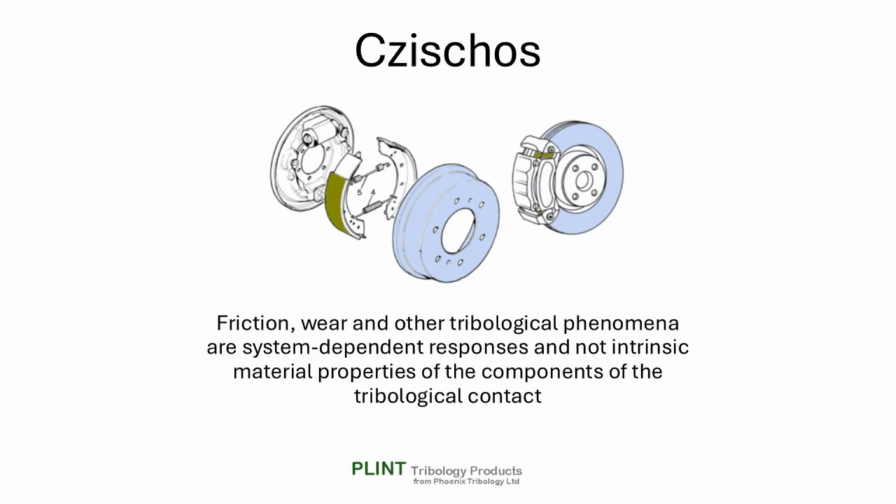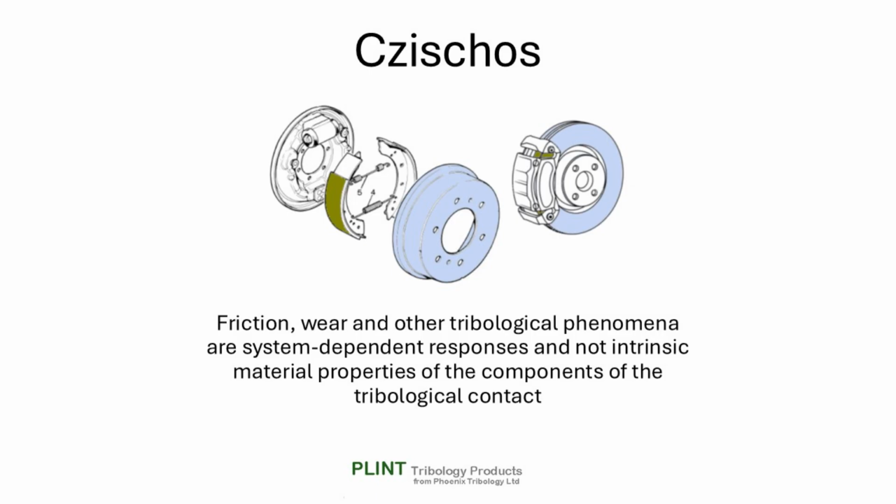Professor Czichos made this point many years ago. Friction, wear and other tribological phenomena are system-dependent responses and are not intrinsic material properties of the components of a given tribological contact.